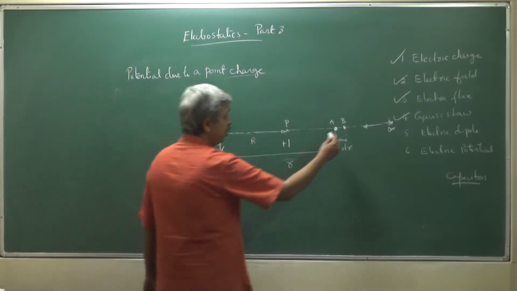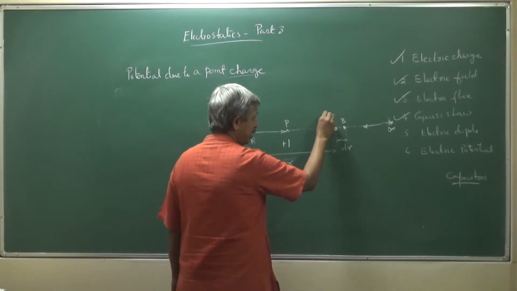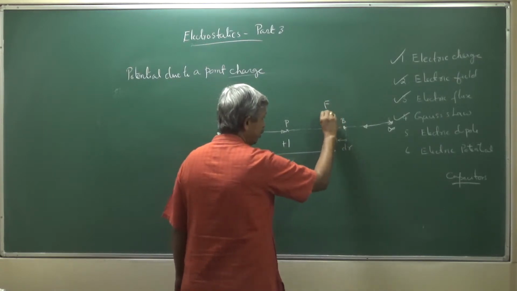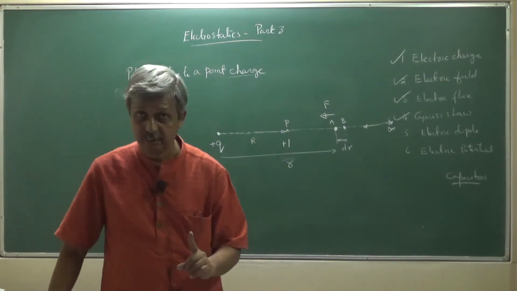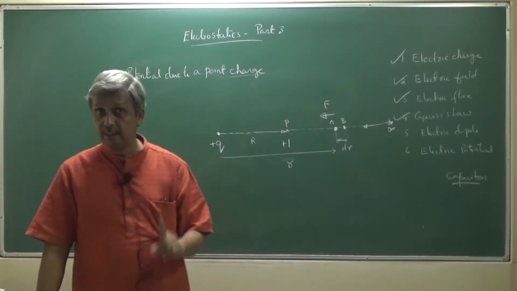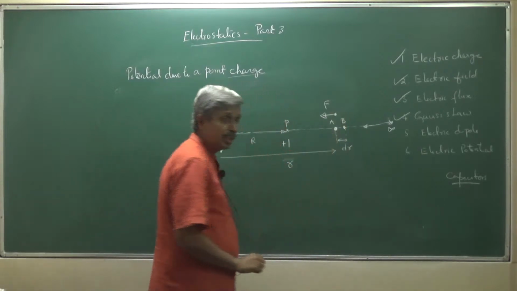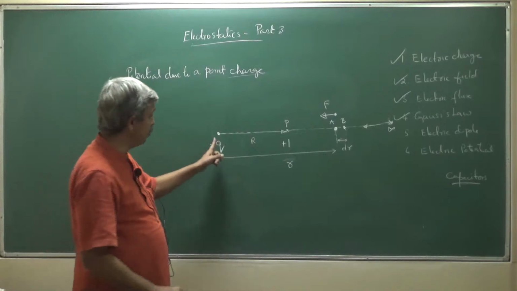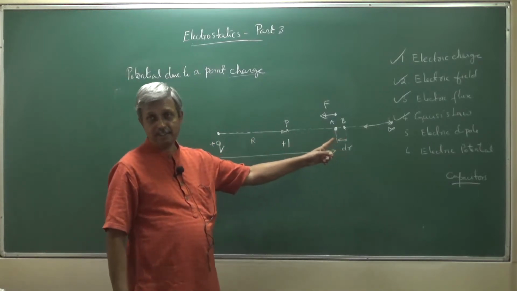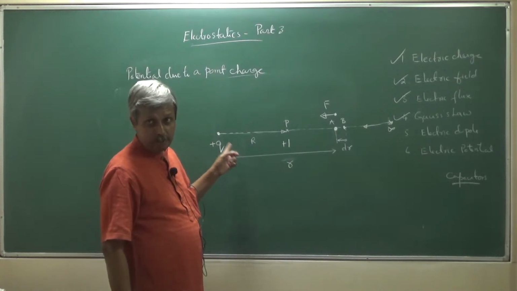Now, if you are bringing it from there, at this point you are pushing. So you are putting some effort, some force, to bring it. How much force are you putting? You have to understand that. The force that you are putting must be equal to or more than the force with which it is pushing back, the repulsion force.